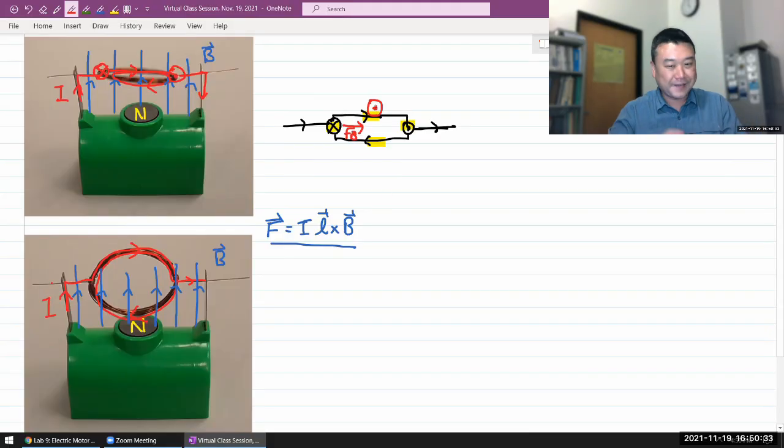And here with the L coming out of the screen, L cross B. Okay, so the force is to the left. I think I can kind of guess this one, it's probably going to be this. Let's just double check. Current is flowing from right to left, cross B, and yeah, the magnetic force is pointing into the screen.